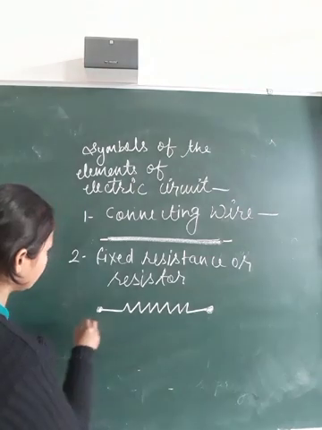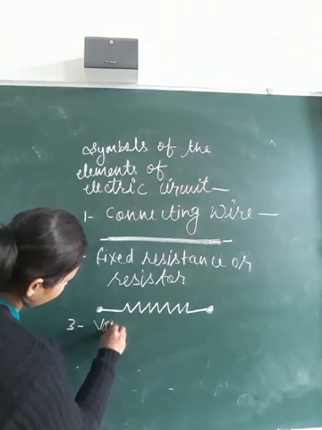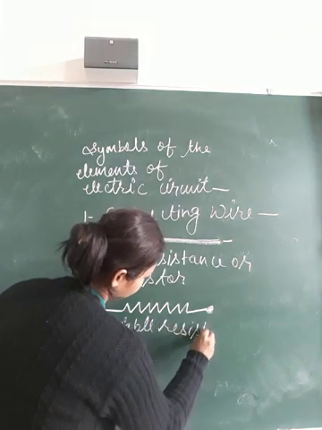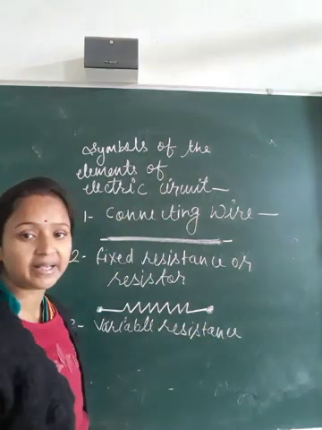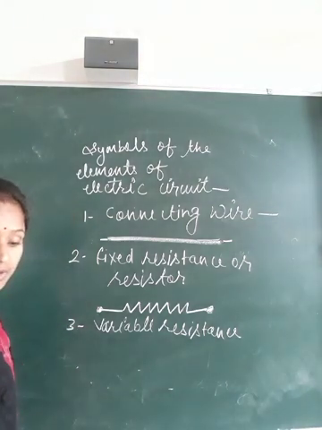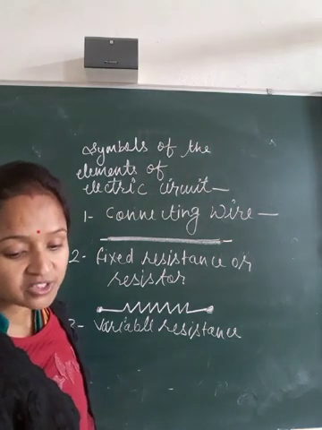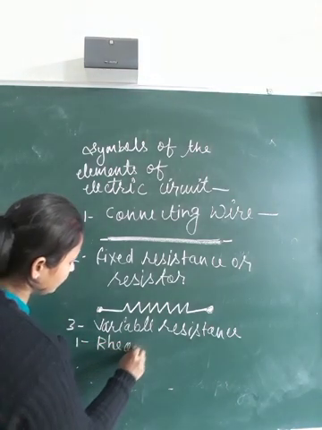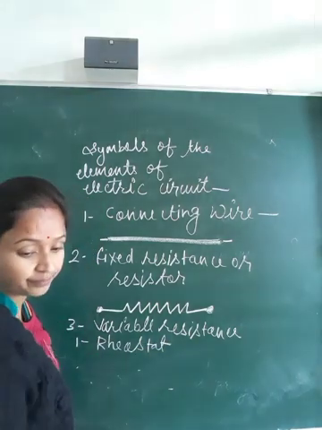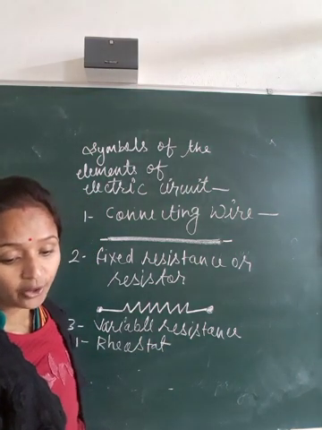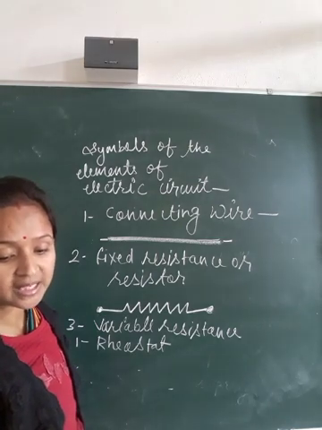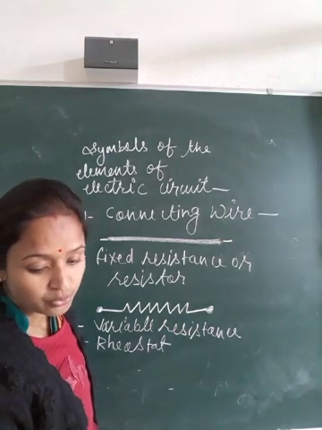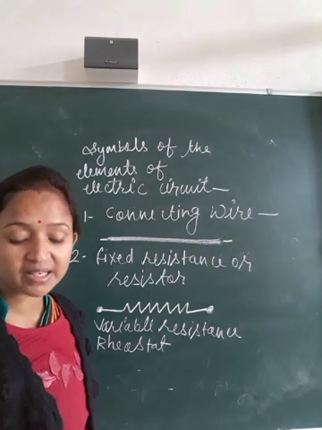Third one is the variable resistance. In the variable resistance, the first is the rheostat or unknown variable resistance, and the second is the resistance box or known variable resistance.